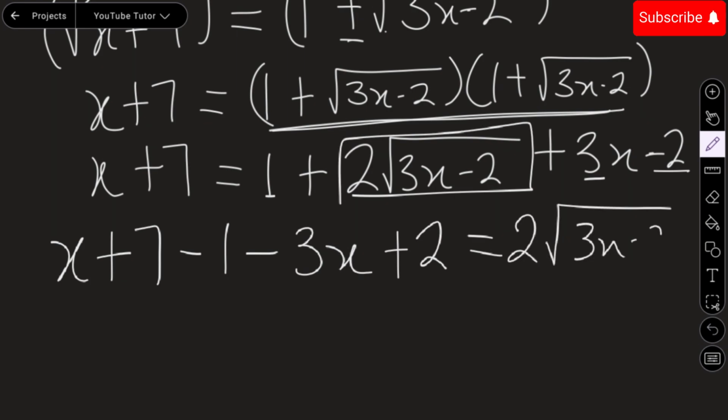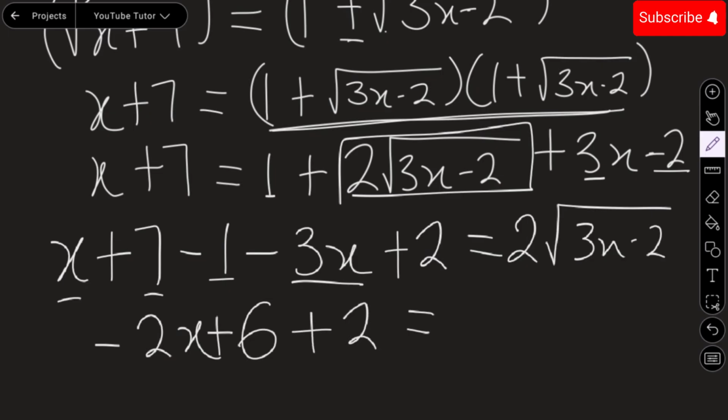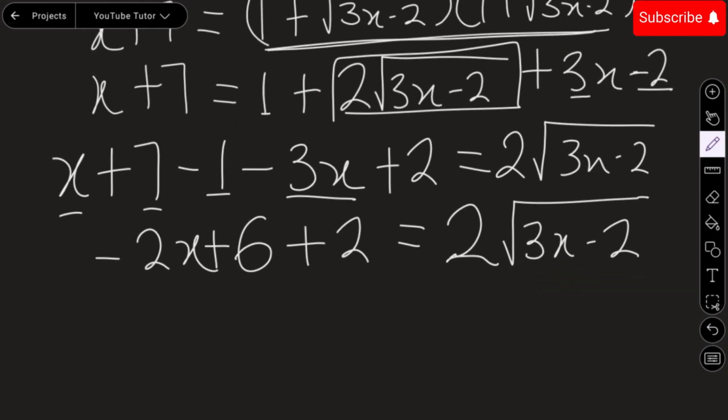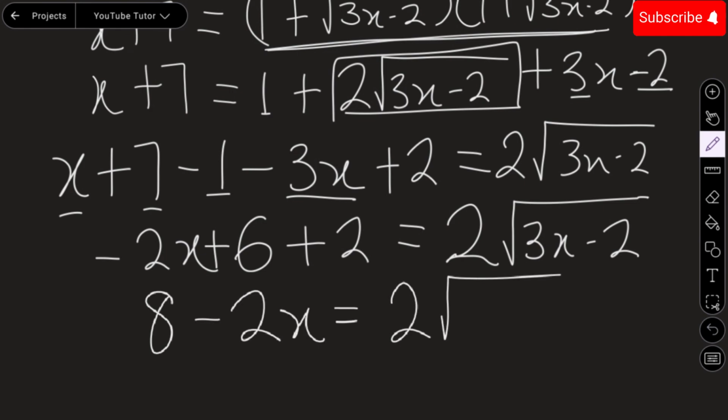We have x minus 3x, which gives negative 2x. 7 minus 1 gives us 6, plus 2. And we have 2 times square root of 3x minus 2. So 8 minus 2x is equal to 2 square root of 3x minus 2.